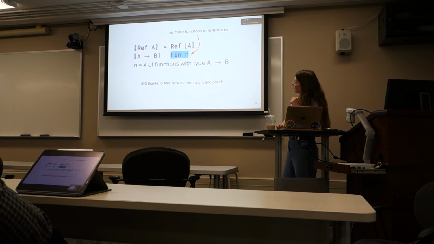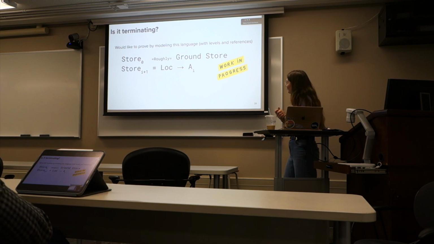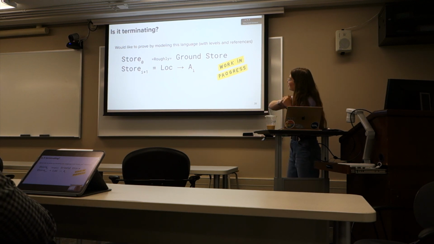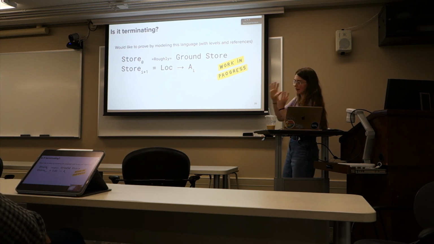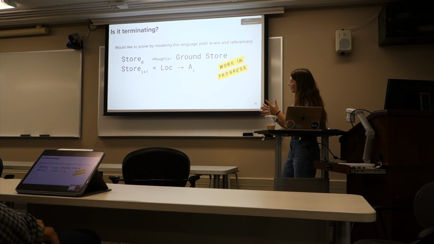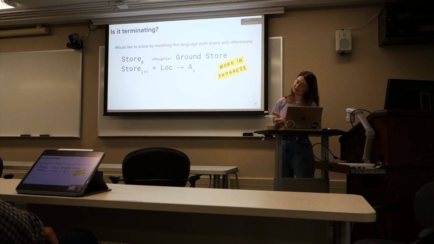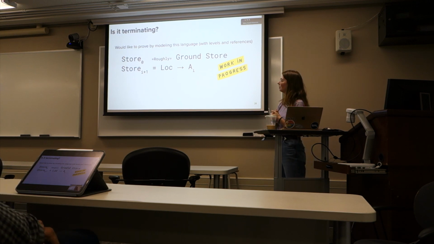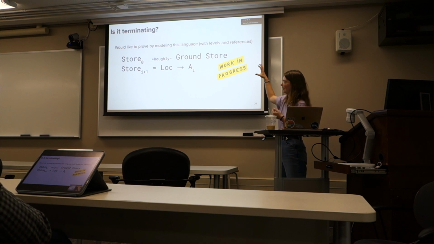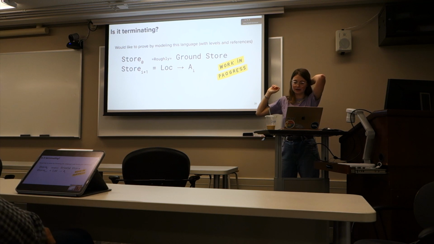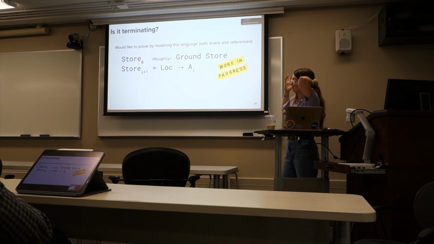Okay, so a very CPS proof to get back termination. Just to reiterate how we want to prove that this language is terminating: we say the store 0 is roughly equivalent to a ground store, probably through some kind of trick, maybe through defunctionalization, that could work. We probably need a little bit more work with logical relations.